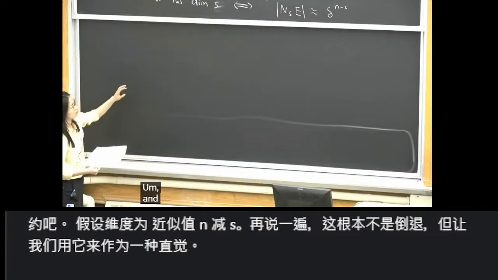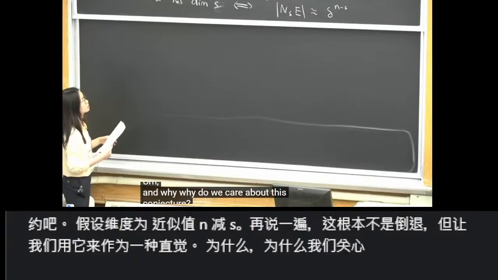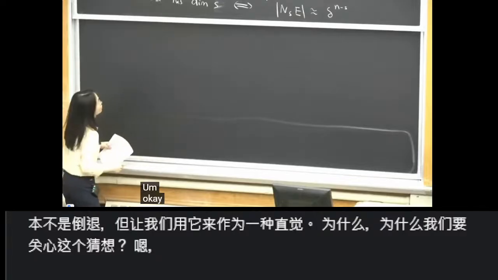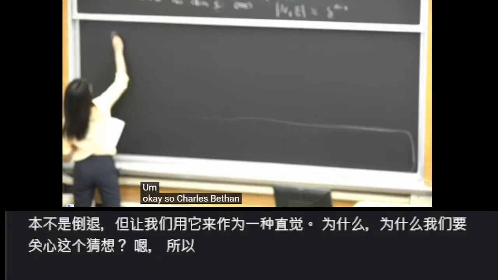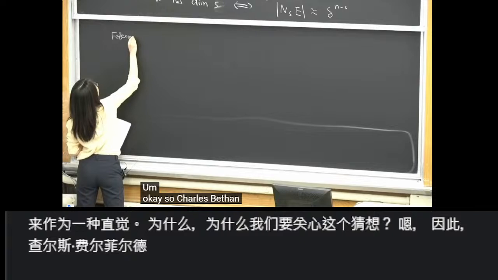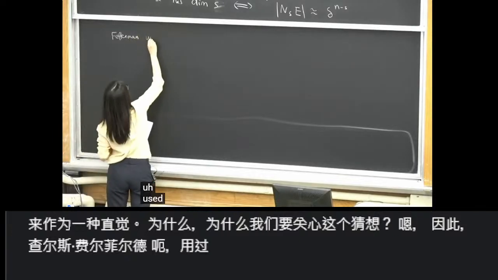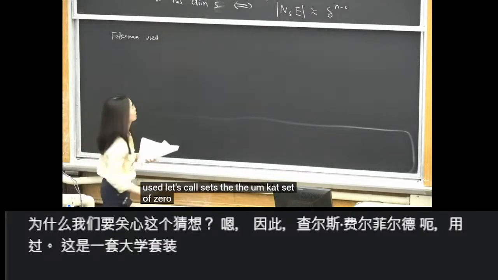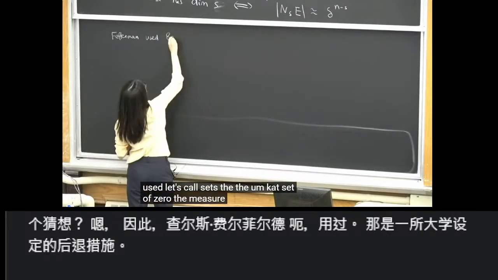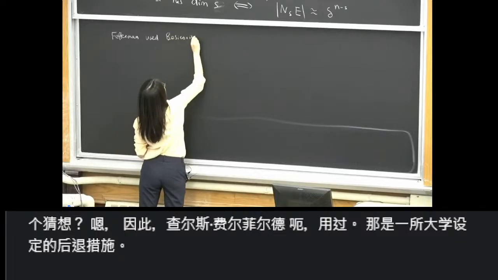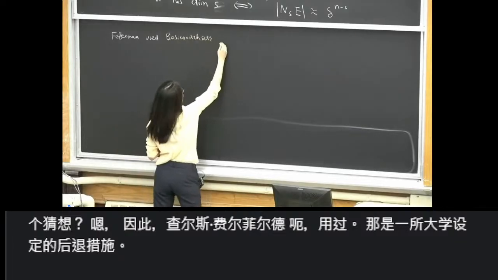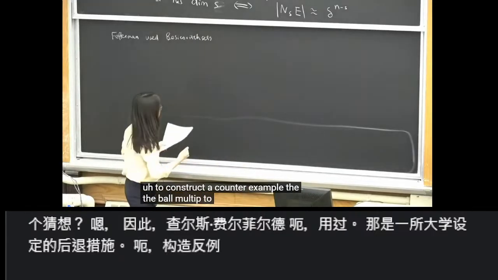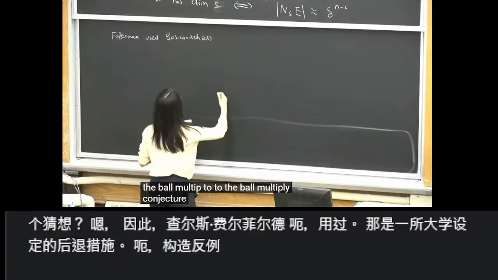And why do we care about this conjecture? So Charles Fefferman used a Kakeya set of zero Lebesgue measure to construct a counterexample to the ball multiplier conjecture.